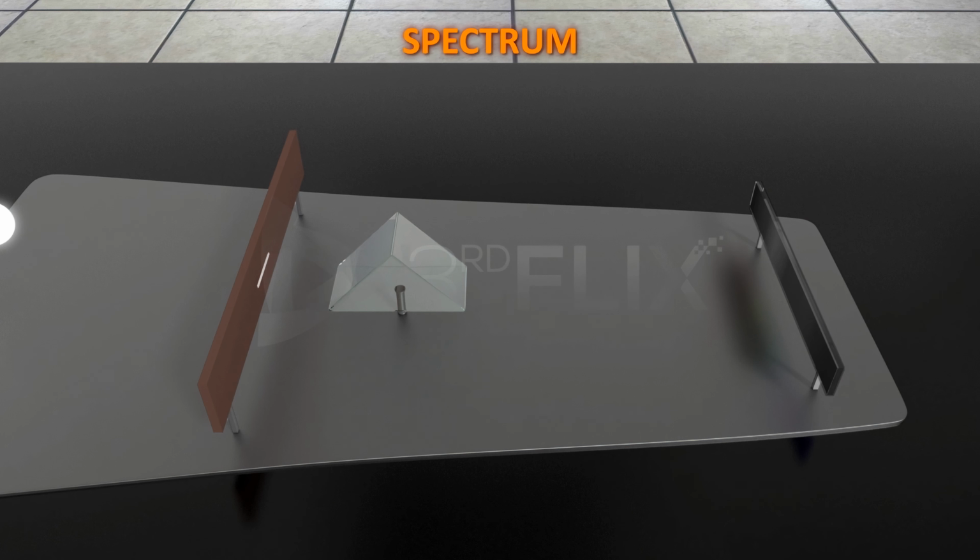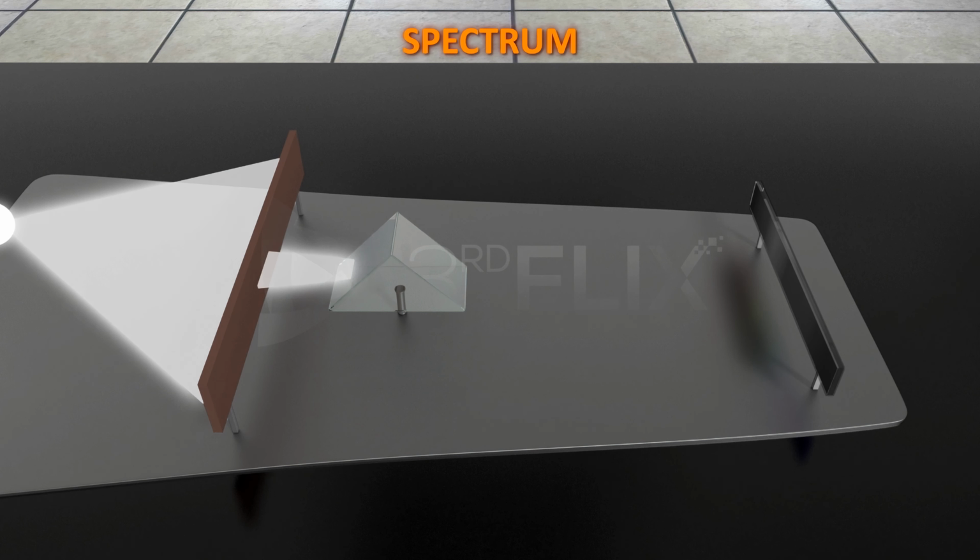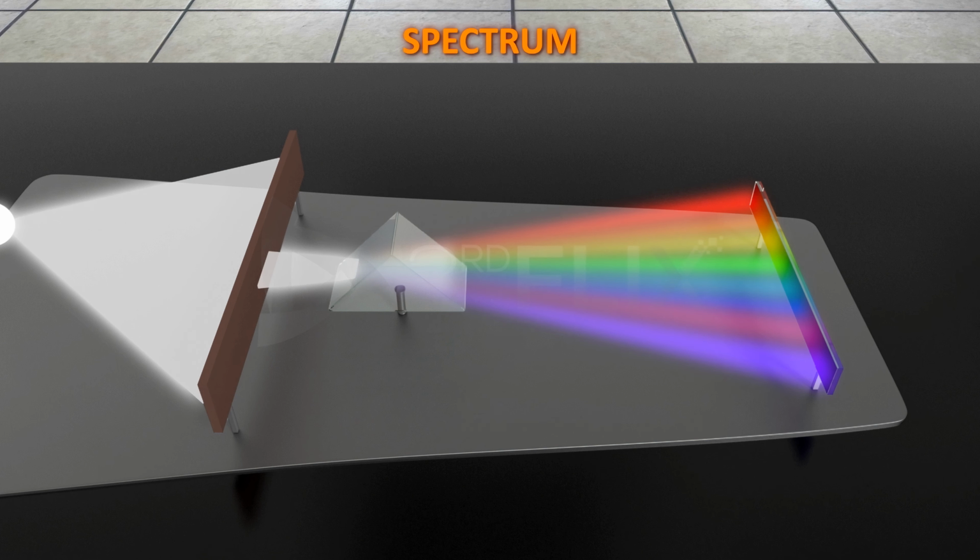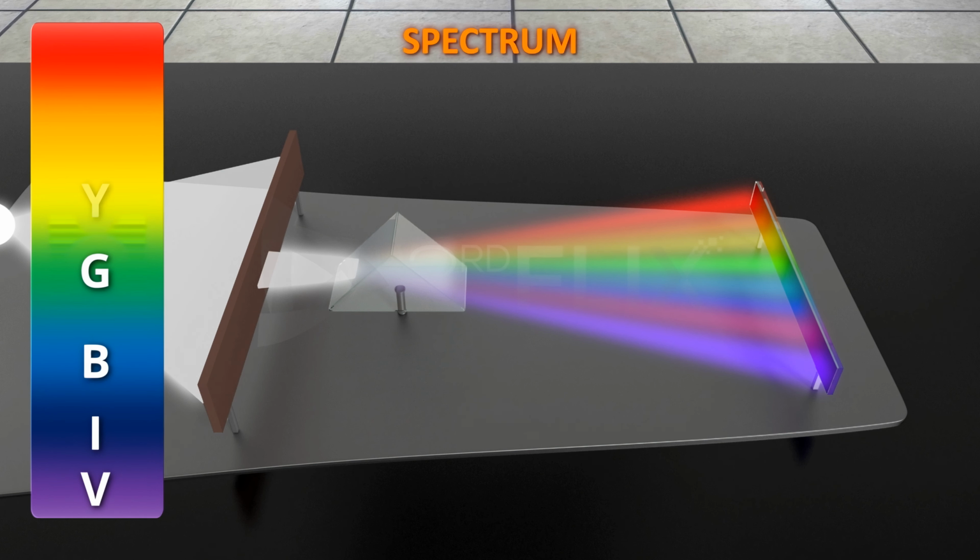Spectrum: a ray of white light from the sun or an incandescent lamp, when passed through a glass prism, is dispersed into a continuous array of 7 colors, just as in a rainbow, in the order referred to as VIBGYOR.